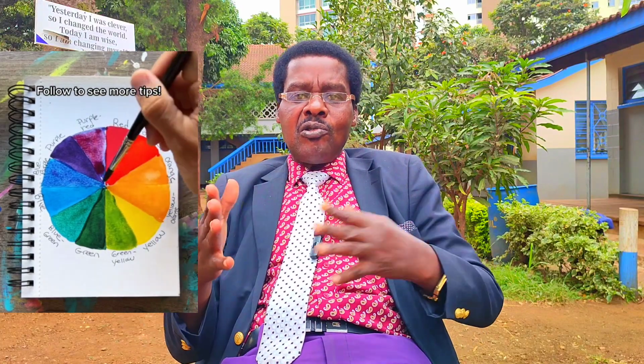Now, let me go to what we call analogous colors. What sort of colors are these? Analogous colors, you got to master the spellings. Analogous. These are the colors that sit next to each other on a color wheel.